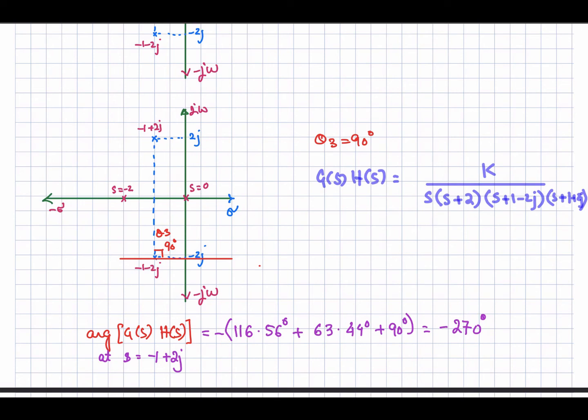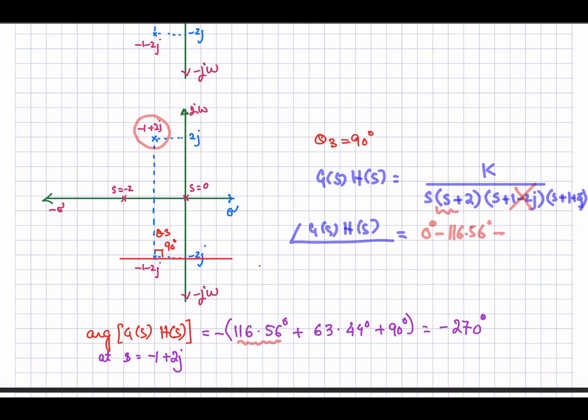So now the argument of G(s)H(s) will be equal to: there is no zero, so 0 degrees from the zeros, and the angle of this pole s, which is at the origin, which we have calculated, is minus 116.56, since we are looking at it with respect to the selected pole. We will exclude this pole from here, so this pole will not be considered; the rest of the three poles will be considered.